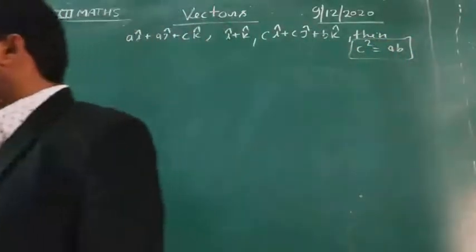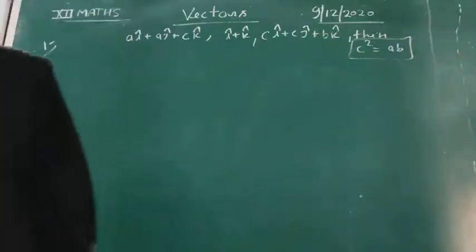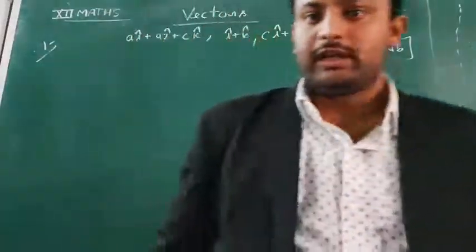Okay, student, given that these three vectors are coplanar, we have to show that c square is equal to ab.